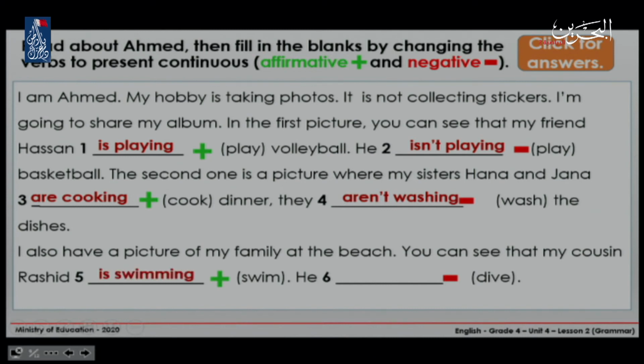Excellent. So, my cousin Rashid is swimming. He, we have the verb dive, and you have to use a negative form. Very good. He isn't diving. And as you can see, we dropped the silent E and we added ing.